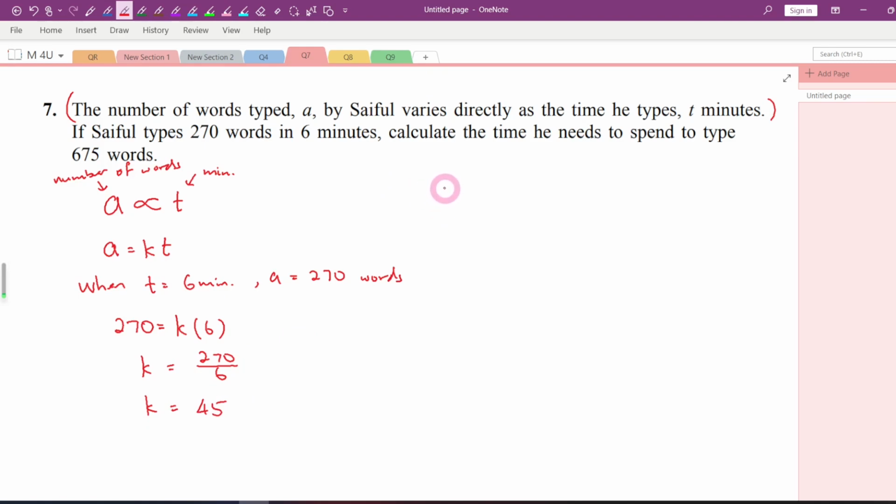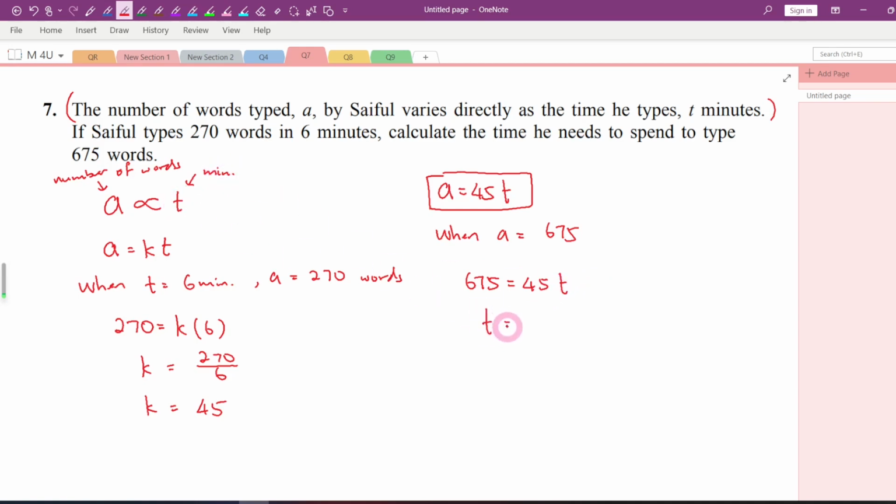Now, we know A is equal to 45T. We can use this equation to help us get the time he needs to spend to type 675 words. When A is equal to 675, I'm going to replace this by 675. And now I can get the time taken in minutes because the T here is minutes.